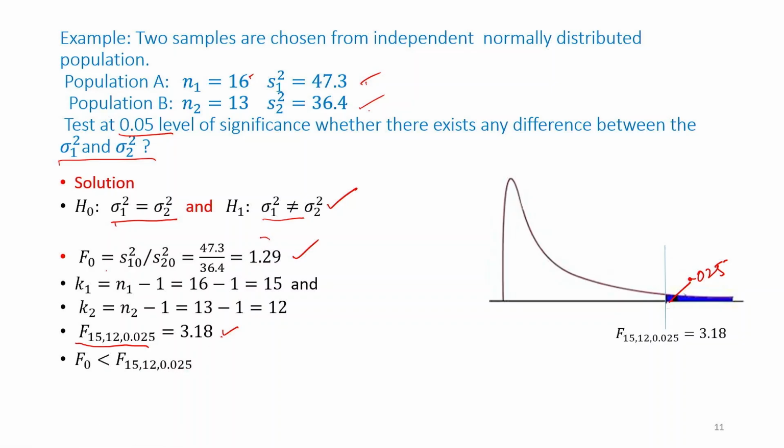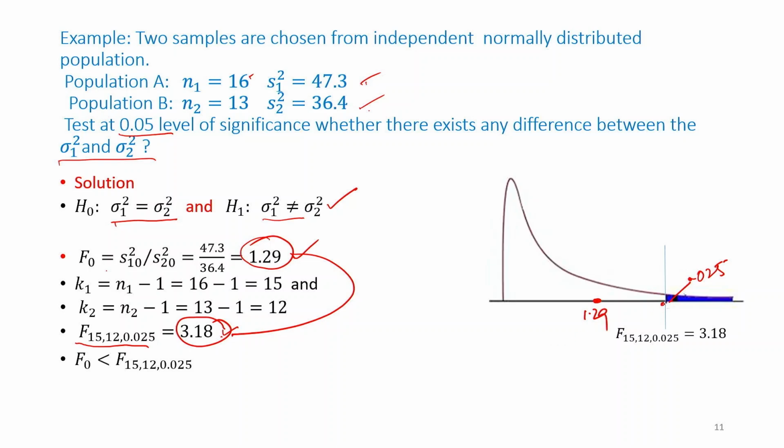The calculated or observed value is 1.29. Now the comparison is between these two. The F value is much less. The calculated value has come somewhere here, which is just 1.29.